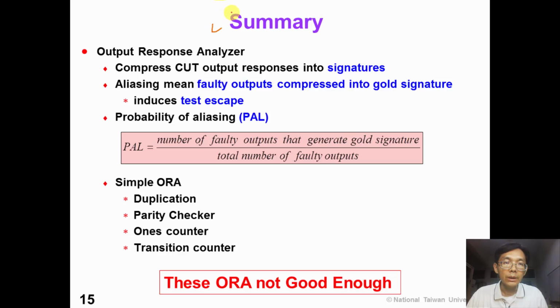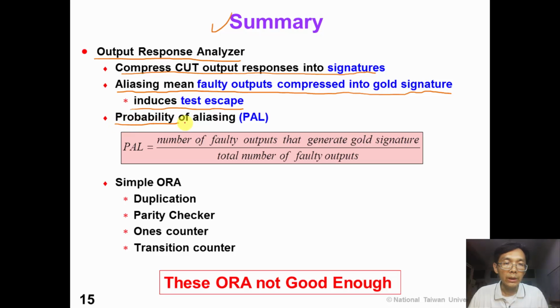In summary, in this video, we have shown the output response analyzer, which compresses CUT output responses into signatures. Aliasing occurs when the faulty outputs are compressed into a good gold signature. Aliasing is bad because it can induce test escape.